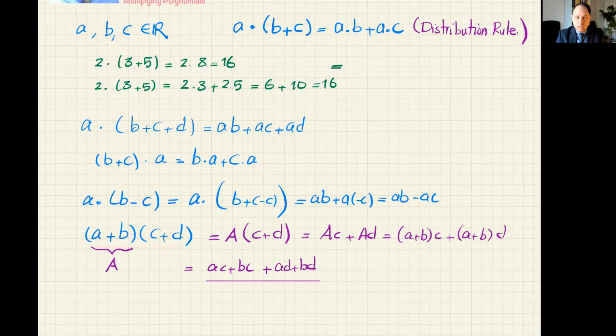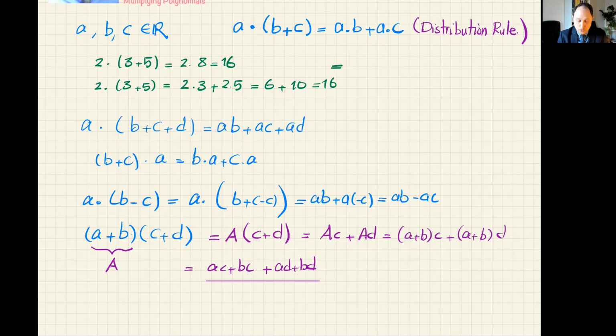Then I need to think a little bit deeper. Can I connect this to this rule? The answer is yes, but the trick was to assume this is a number. So let me call it capital A. Then you see how many numbers are involved. In this way of seeing the problem, I am dealing with 3 numbers. One of them is capital A, and the other 2 are C and D. Can I use distribution law?